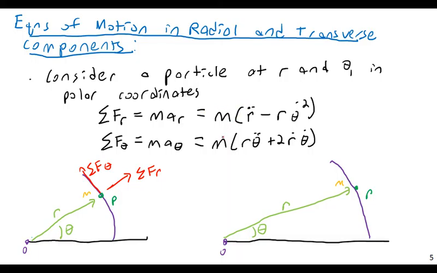So, probably the best way to say this would be radial and transverse direction. Okay, and then this would be equivalent to m a r and m a theta. So, acceleration in the theta direction, a sub theta.